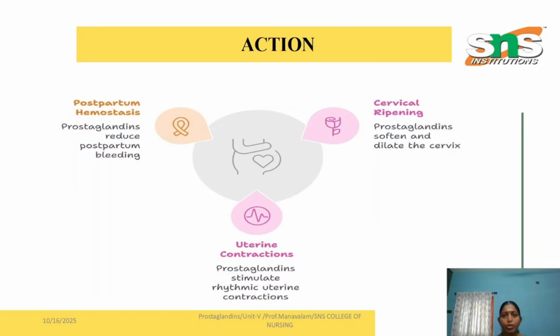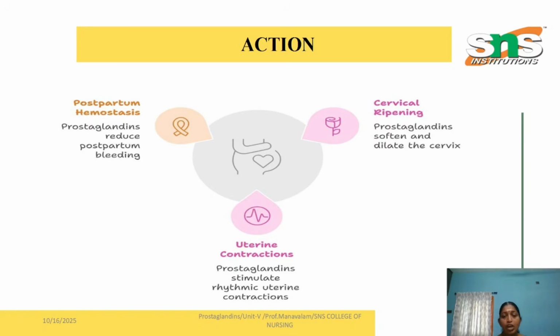Next, we will see about the mechanism of action of prostaglandins. During induction of labor, it has three main mechanisms of action. The first one is cervical ripening. The prostaglandin acts on the cervix. It softens and dilates the cervix, which is the process of laboring.